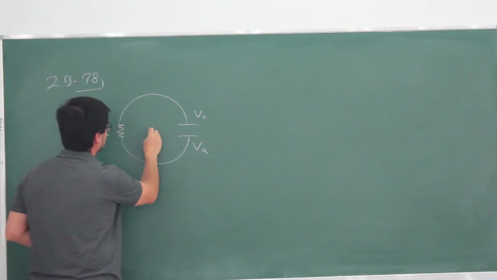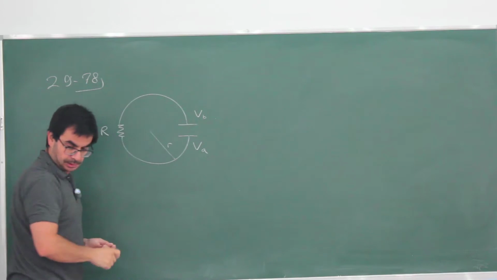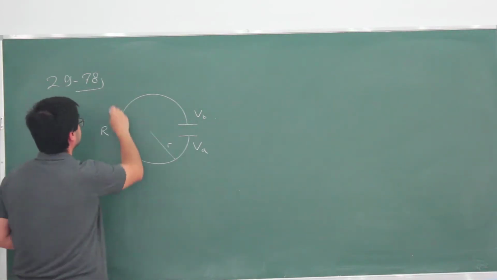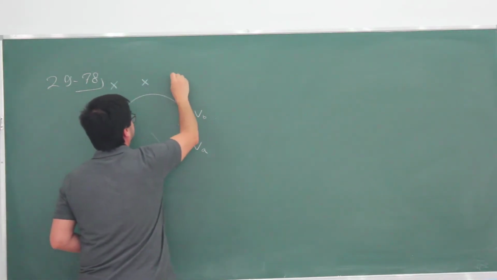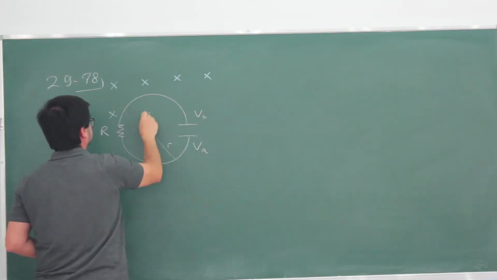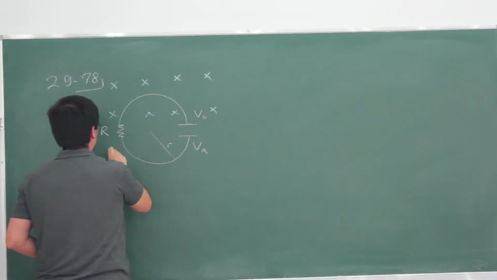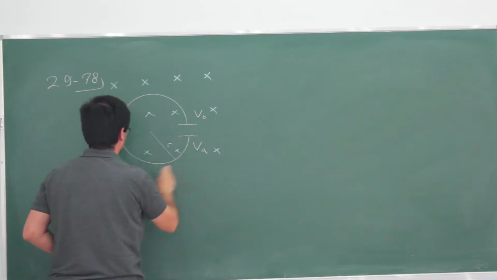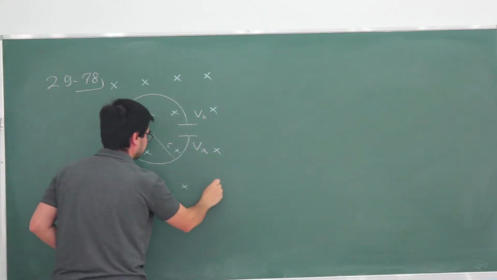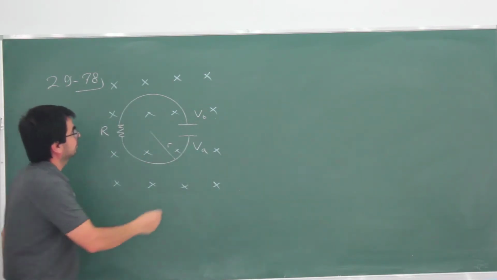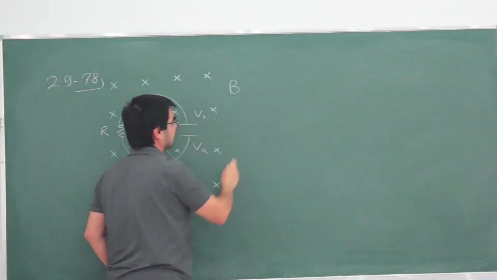This whole thing has radius R, and it is immersed in a magnetic field that's perpendicular to the plane of this loop. So it's a uniform but time varying field, so it's the same direction, but its magnitude is changing.